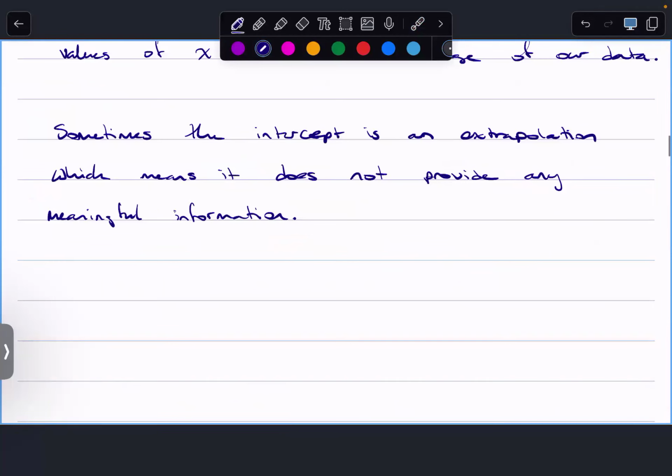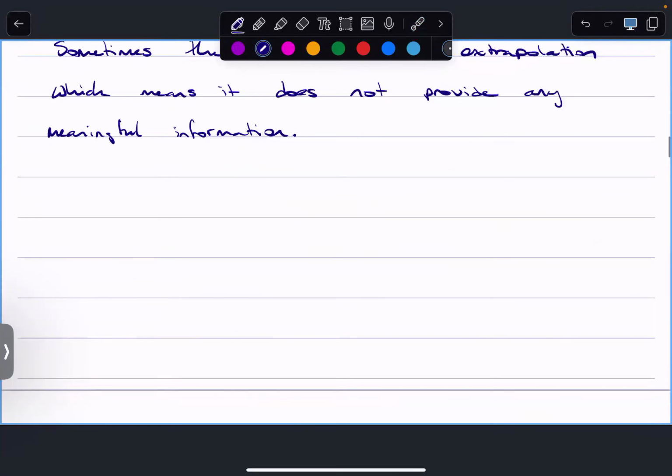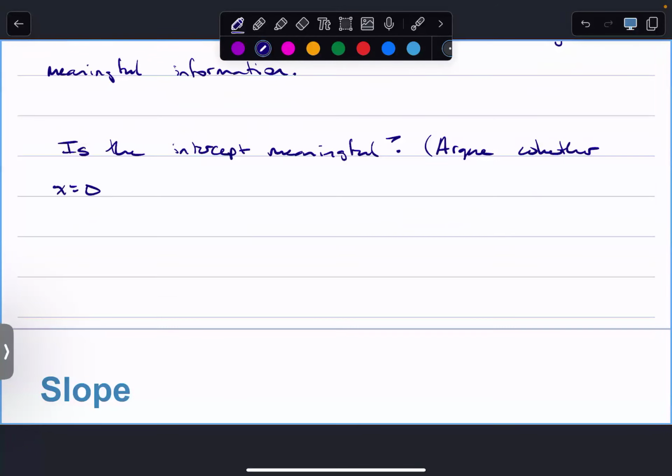So we could ask, is the intercept meaningful? I'll say argue whether x equals 0 is meaningful.